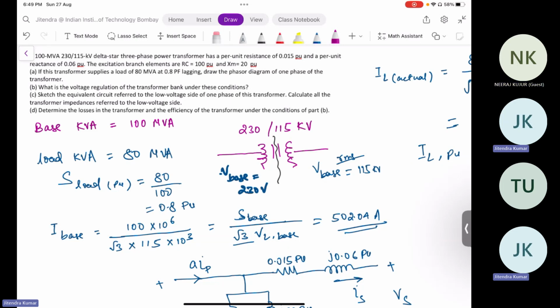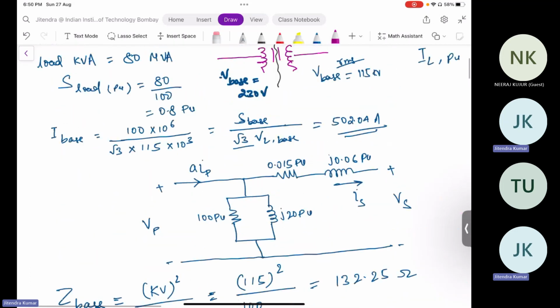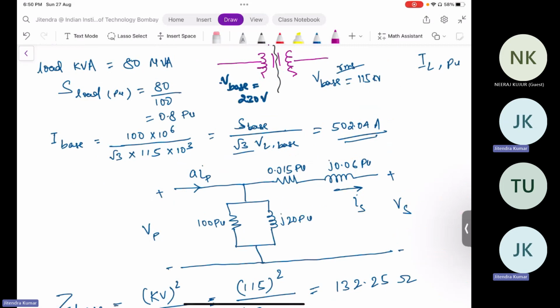Shall we proceed? Yes. So we have already the equivalent circuit here.